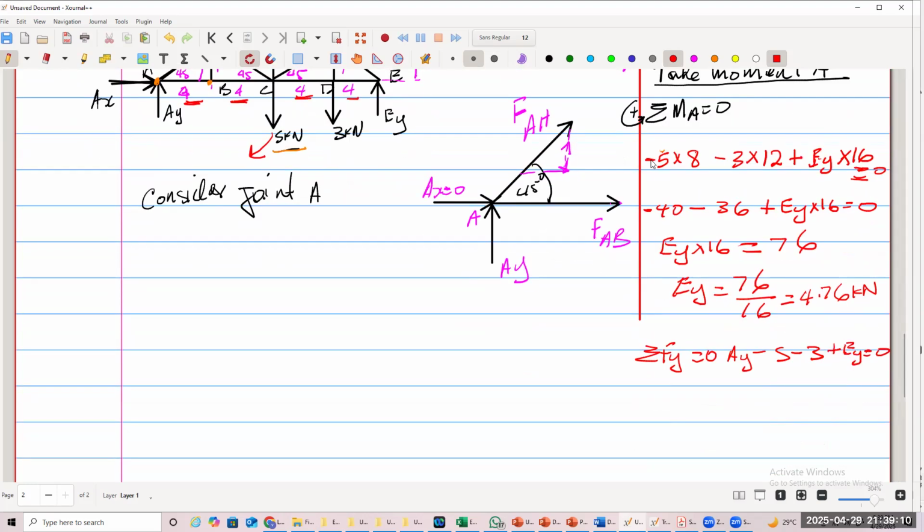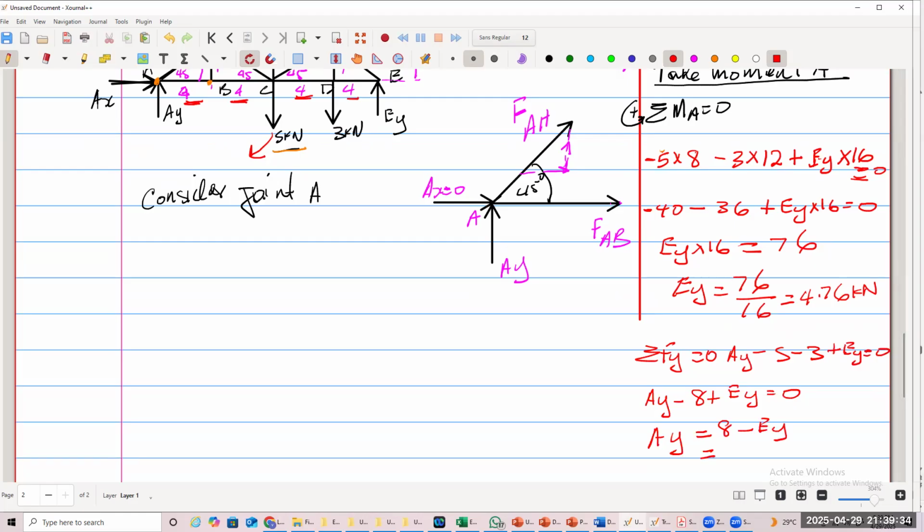So this is AY minus 8 plus EY equals 0. We have EY already, so we need AY. AY is going to be equal to 8 minus EY.